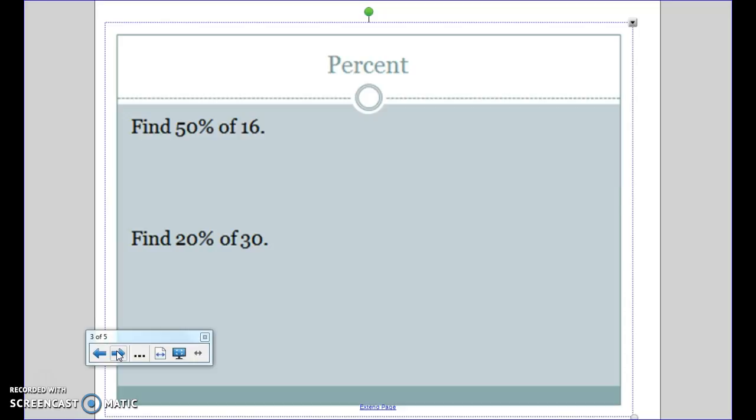And so what I want to think about is this: look for these keywords. If I'm finding 50% of 16, I know this very important word here in the middle, of, means multiply. So if I multiply 50% times 16, I could do this several ways. I could say 50 out of 100 times 16, or I could say 0.50 times 16.